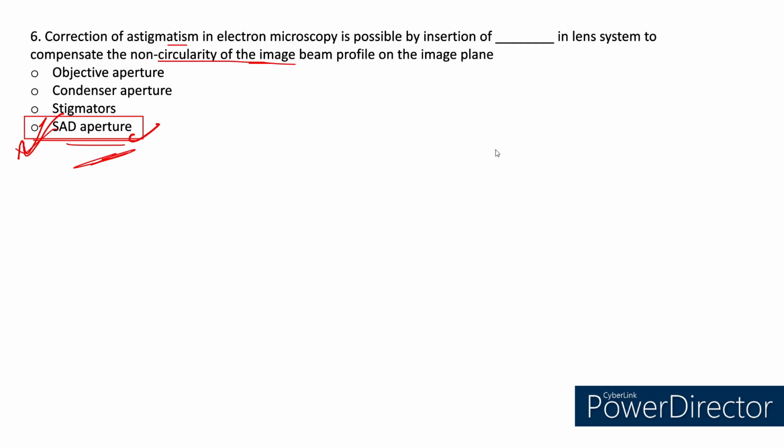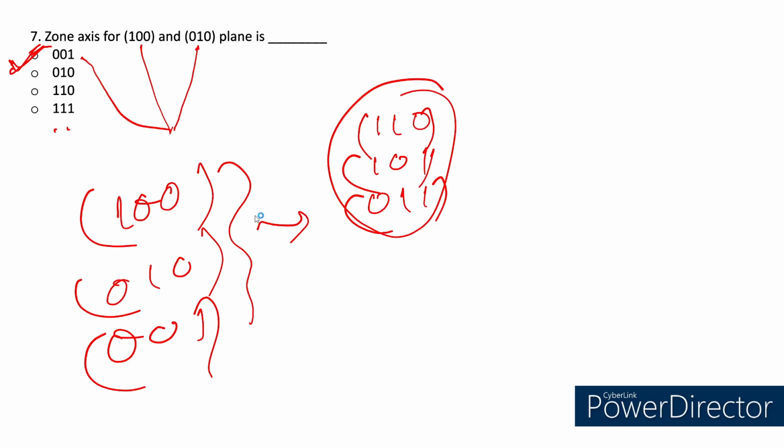So the zone axis for the 100 and 010 planes is, as it is asked for the zone axis, it should be in the family of planes of 100. So 100, 010 and 001 are basically the family of planes.